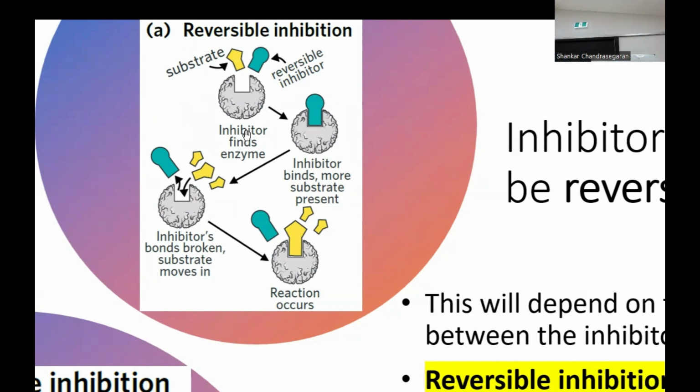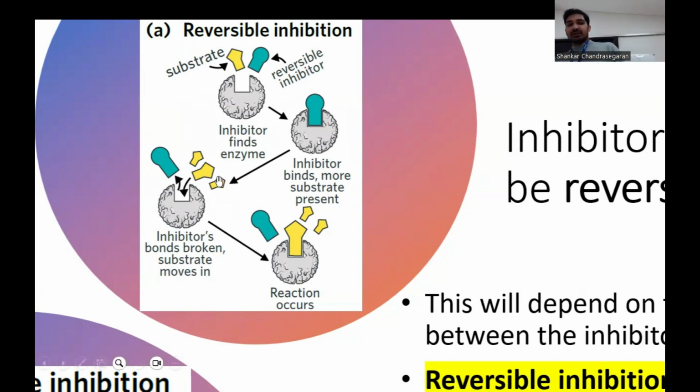So always remember that. So first situation where it's reversible, we have the inhibitor molecule binding to the active site, and then when there is a high amount of substrate present, what happens is the bonds between the inhibitor molecule and the enzyme are eventually broken, and then the substrate continues binding to it.